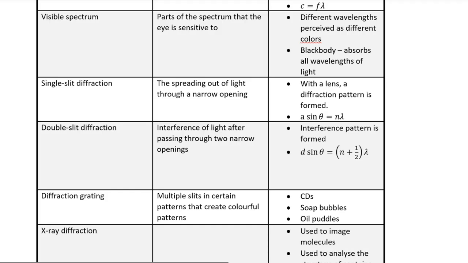I then described what happens when light diffracts, when it spreads out as it moves around an obstacle or through a slit. I focused this discussion of diffraction on two different scenarios, namely single and double slit diffraction. In both cases, I introduced an equation that allowed us to calculate information about the location of dark and bright fringes.